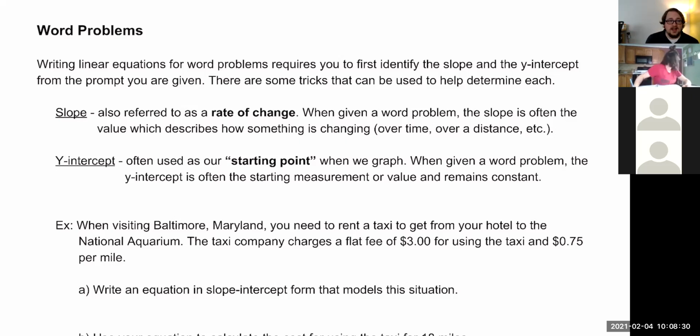So slope, often in a math class, is referred to as a rate of change. So what that means is how something is changing in relation to something else. So in this particular example, the slope is often the value that is describing how one unit of measurement is changing with respect to another.